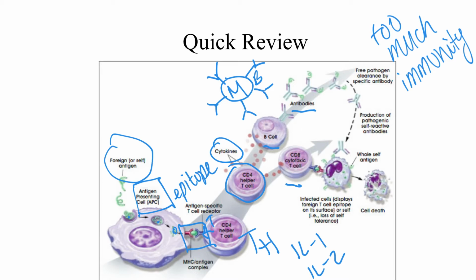The other thing that happens when B cells are stimulated by cytokines is that they split off into plasma cells. And the plasma cells are the ones that are the antibody-making factories. So they are actively secreting antibodies, again, which have a receptor site on them that match the epitope region for the specific pathogen.